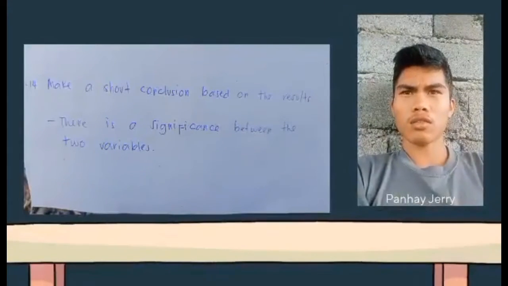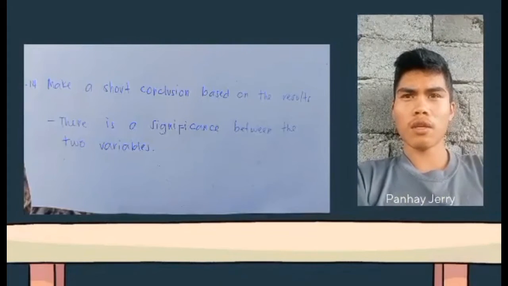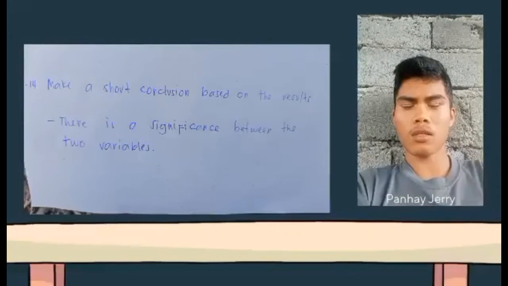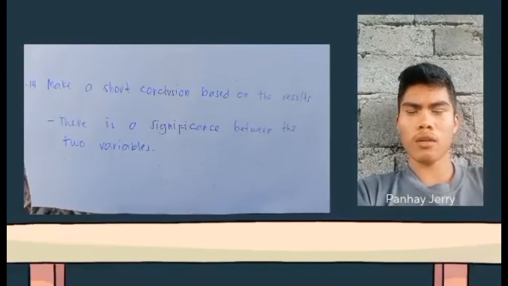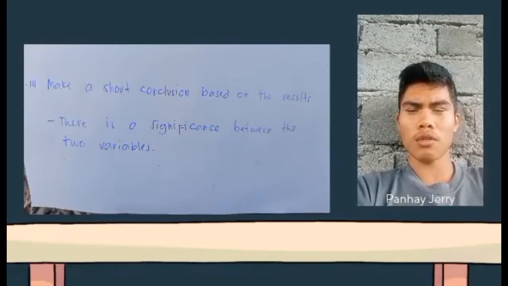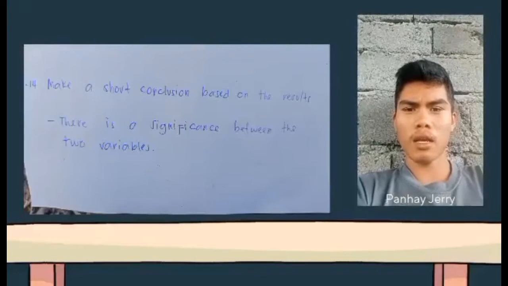Make a short conclusion based on the result. Based on the results, there is a significant difference between the two varieties, because there is significant evidence against the null hypothesis, so we reject the null hypothesis.